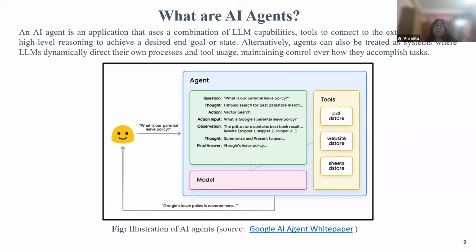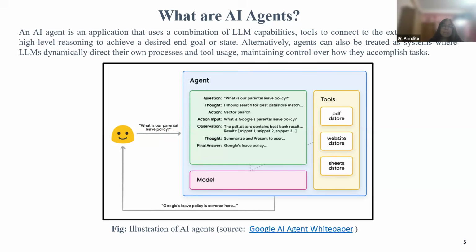It is the LLM capability, I mean the LLM, various tools that connect to the external world, and definitely high-level reasoning and planning, all of these to achieve the goal. So we can treat it as a whole system where the LLM dynamically directs its own processes and, based on tool usage, controls how it accomplishes the whole task.